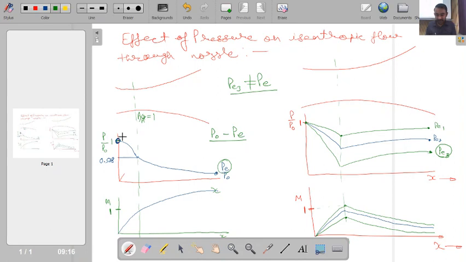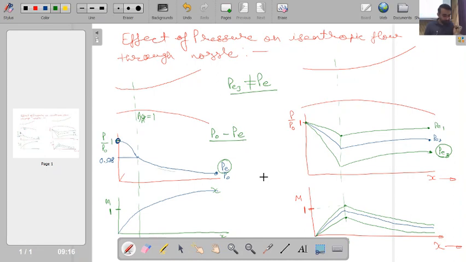Okay, so as per that relation, whatever pressure I am getting at the exit, I am calling that PE. If across a nozzle I maintain P naught minus PE, then I will be able to achieve this curve and this type of Mach number relation.